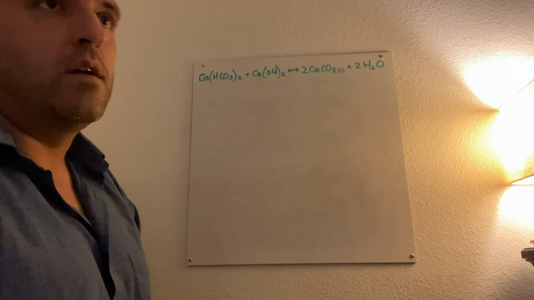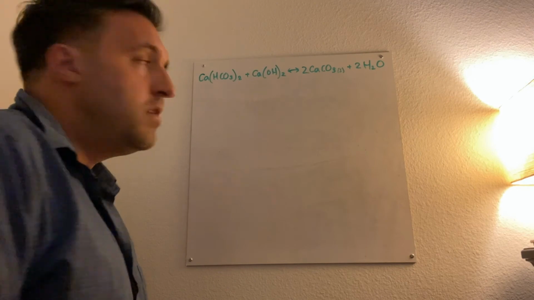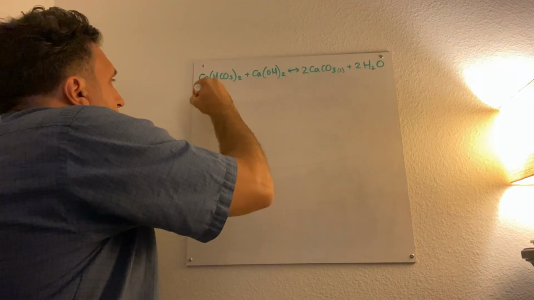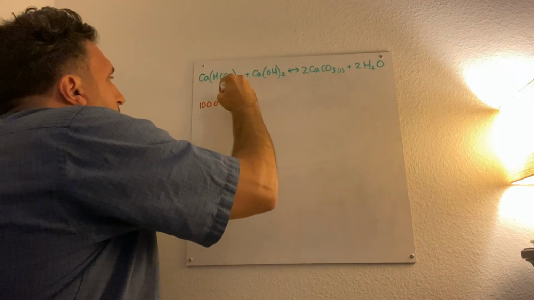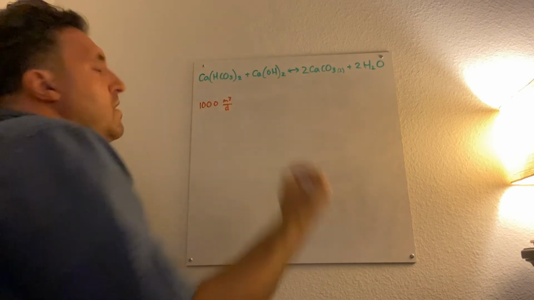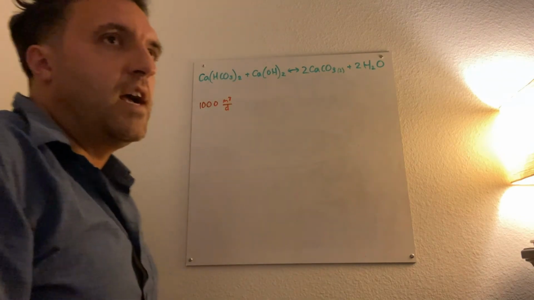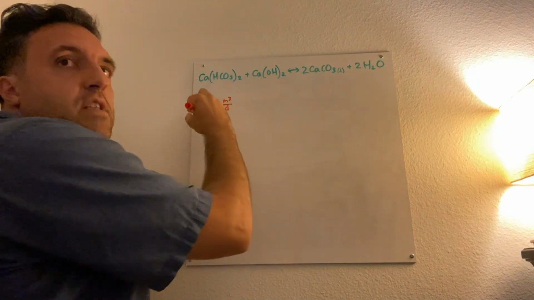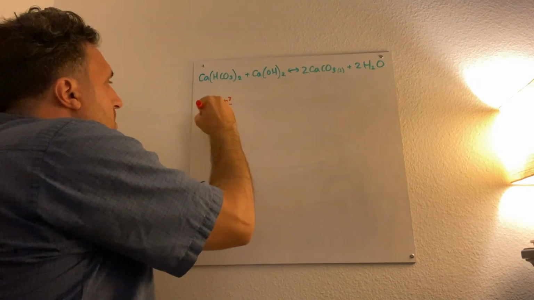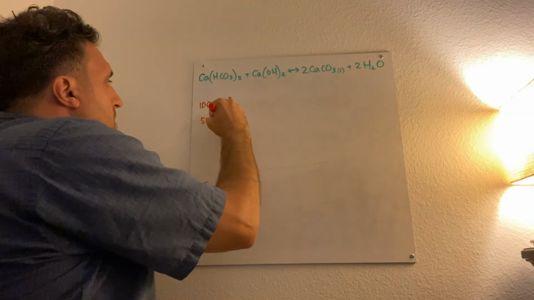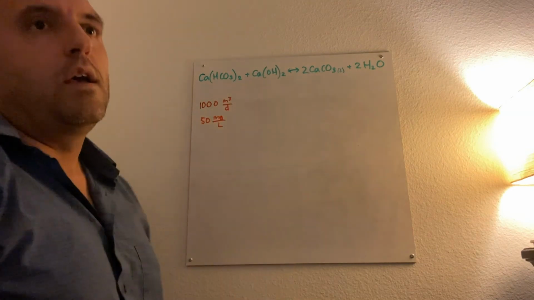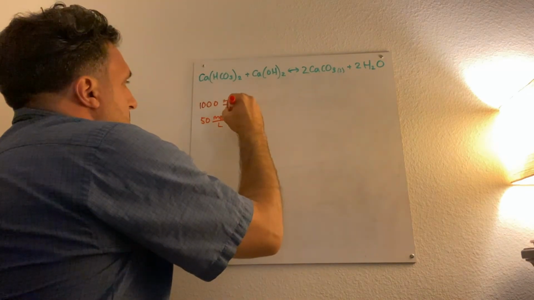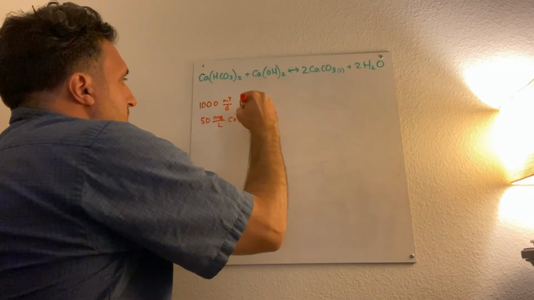And we are provided with a flow rate, which is 1,000 cubic meters per day. And we're also provided with a concentration of calcium bicarbonate, which is 50 milligrams per liter. And that is as calcium bicarbonate in this example.